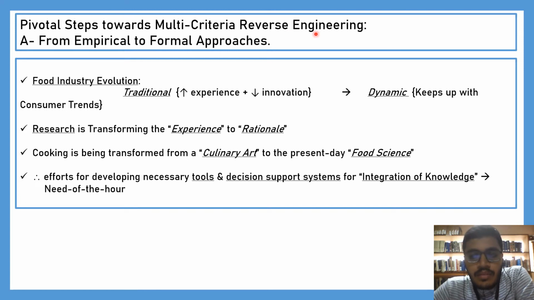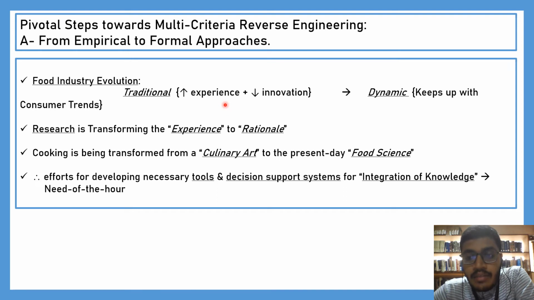In this concept of reverse engineering, when seen from a food industry perspective, it can be seen in this way. Traditionally, the food industry learned from their experiences. They would design a particular product, launch it in the market, get the consumer feedback, learn from that feedback, and then improve their product.